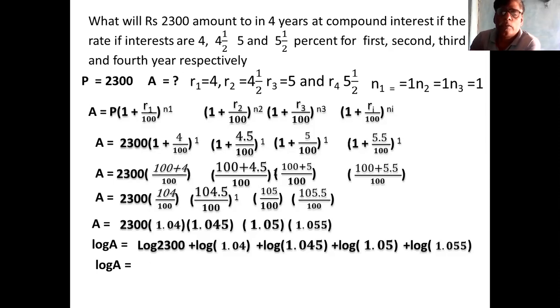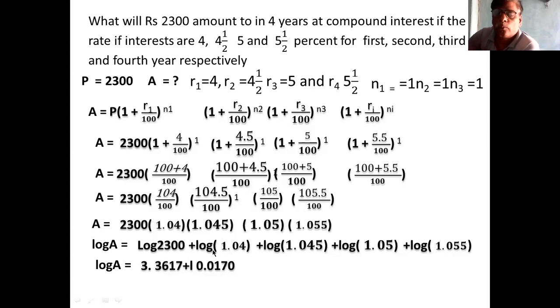You see in the logarithm table, 23, 0 column. What is the value in the 23, 0 column? You see the logarithm table and tell me. 3617.